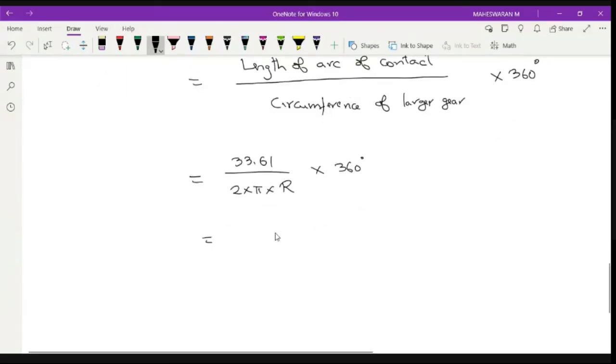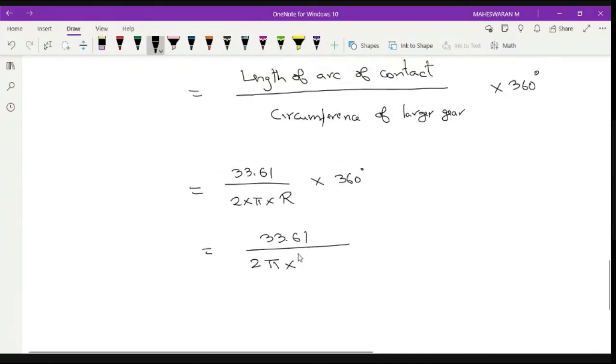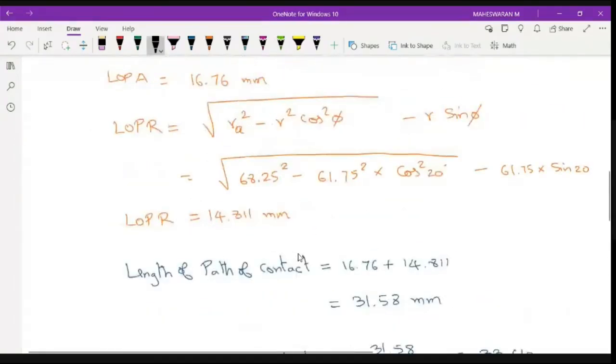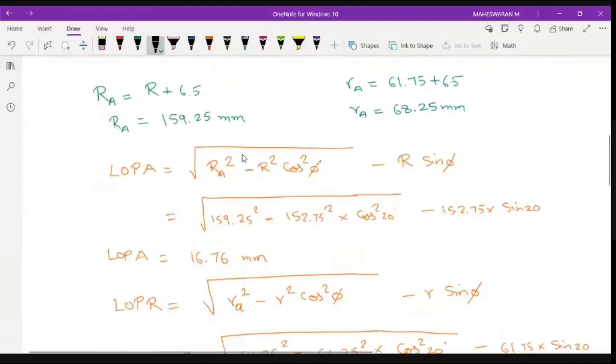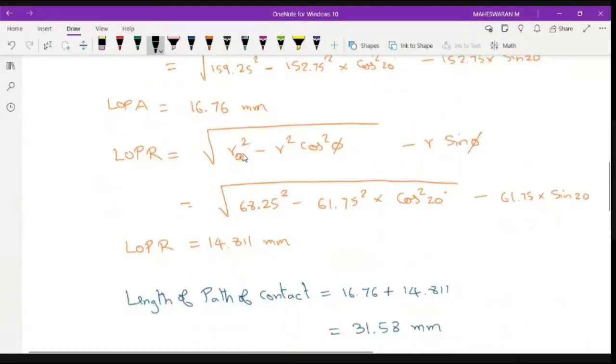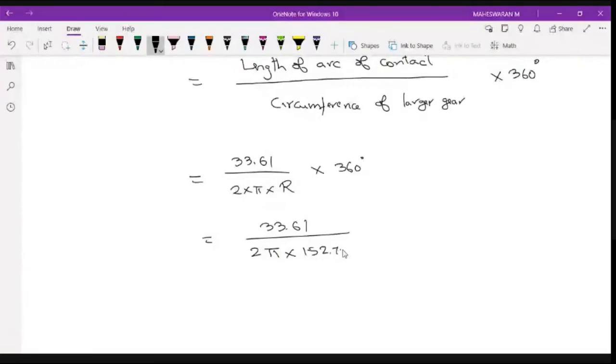So which I can write as 33.61 divided by 2 pi. What is capital R? It is 152.75, into 360.